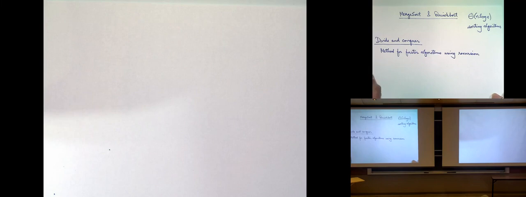So the way it works is, given a problem, and it's easiest to think about especially a problem where the input is an array, like sorting. So what you do is you first divide into subproblems.